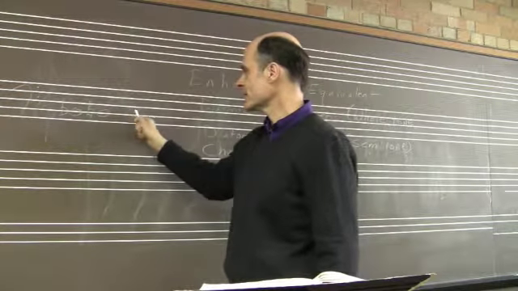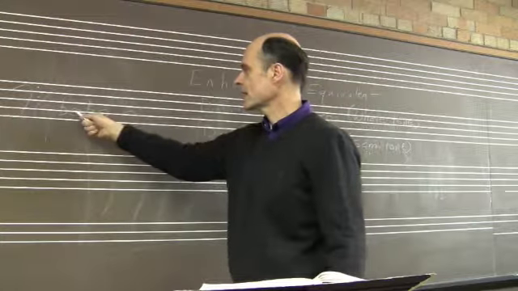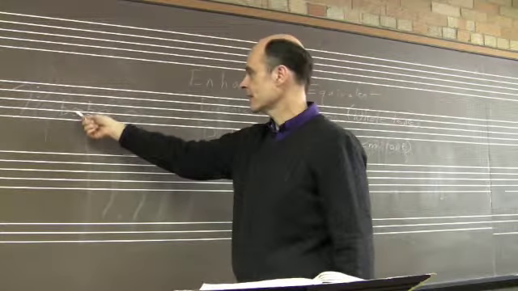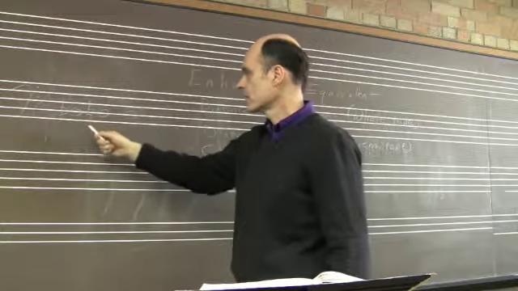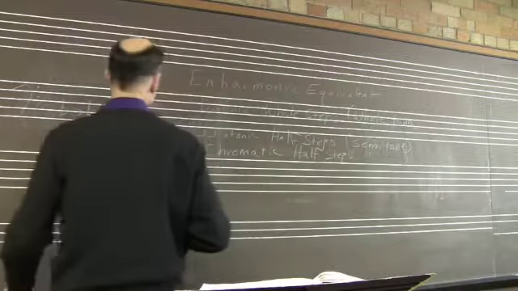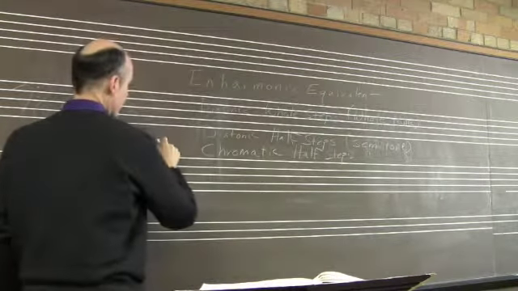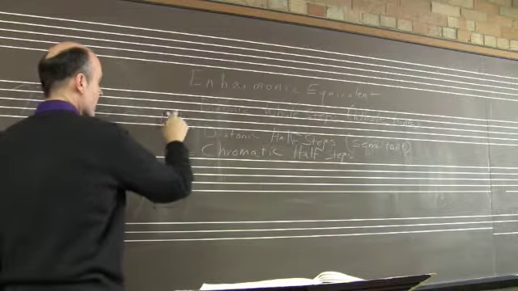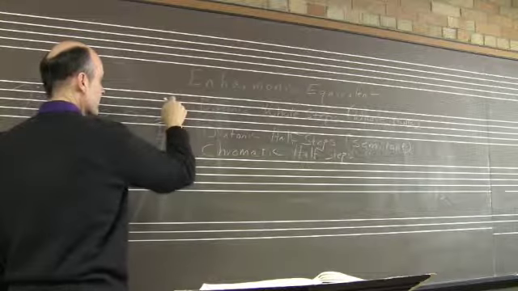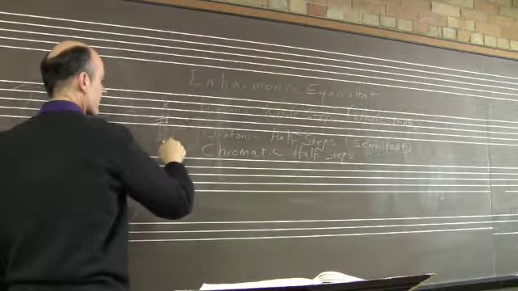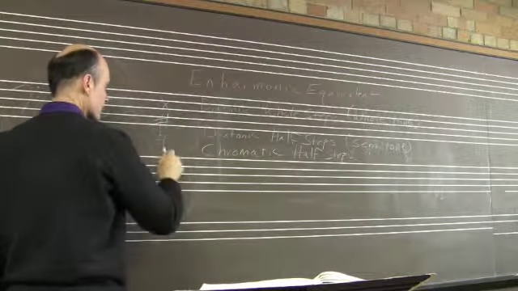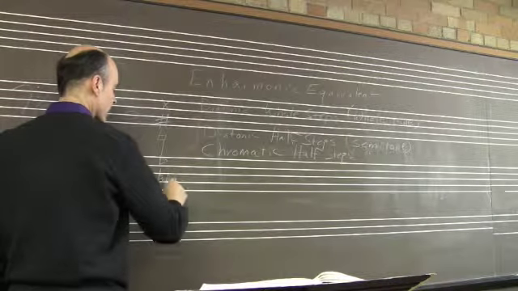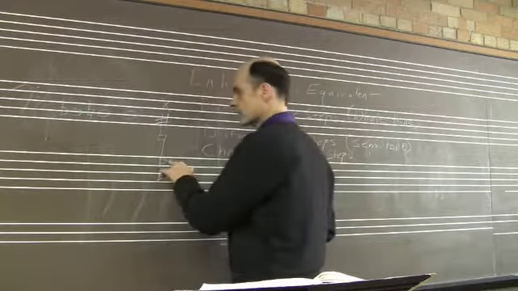So chromatic means I'm going to use the same letter name, but I'm going to create the half steps with accidentals. And then again, it just goes back. If we say this is a natural, sharp raises it a half step, double sharp raises the sharp a half step, flat lowers the natural half step, double flat lowers the flat a half step.